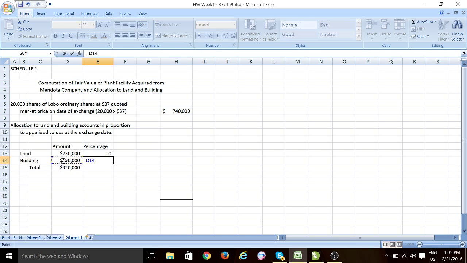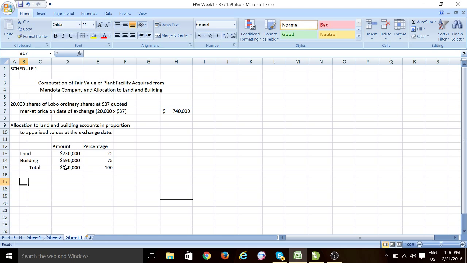And then do the same thing for the building. We got that the percentage for land is 25%, and the percentage that goes to building is 75%.